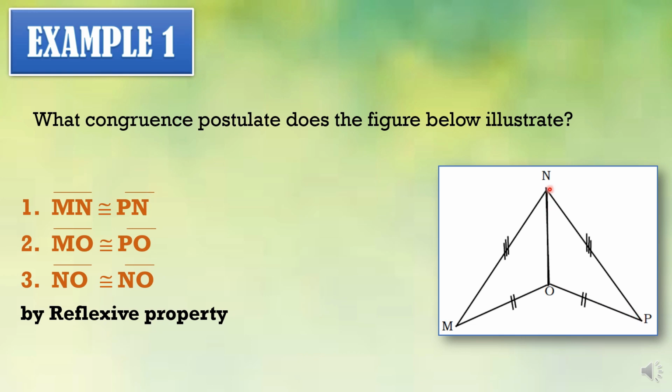And line segment NO is congruent to the line segment NO, or by itself, by reflexive property. I hope you still remember that. Therefore, we can say that triangle MNO is congruent with the triangle PNO.